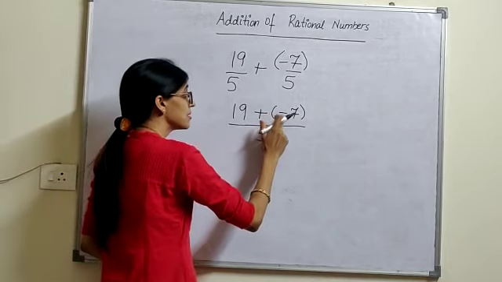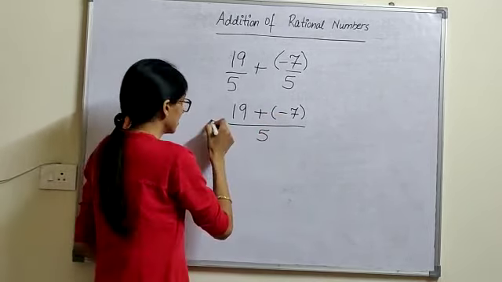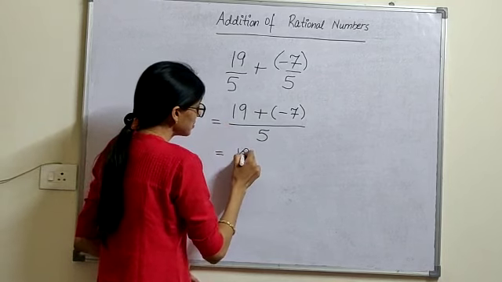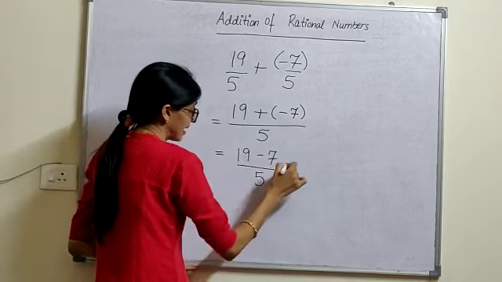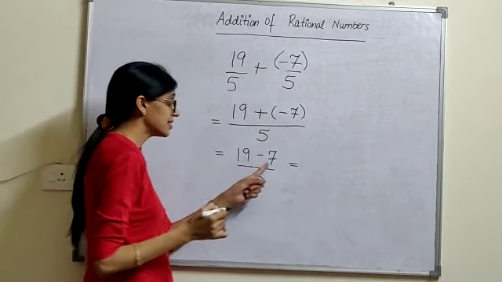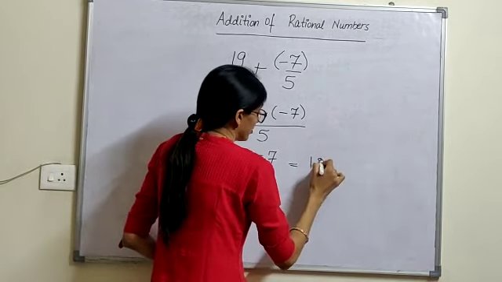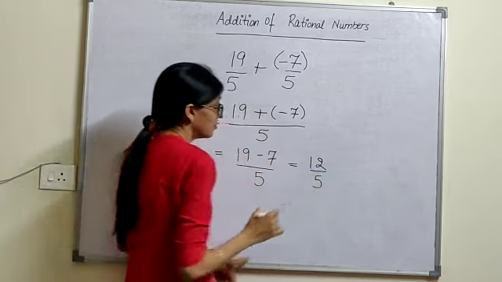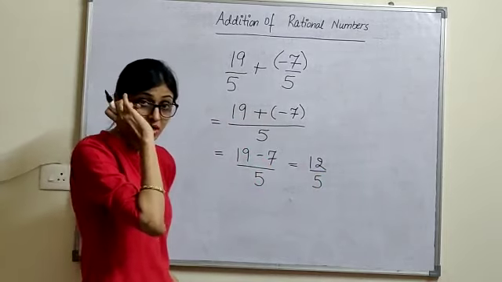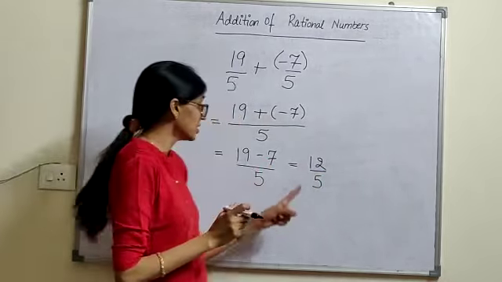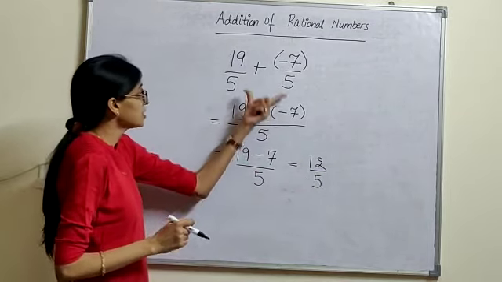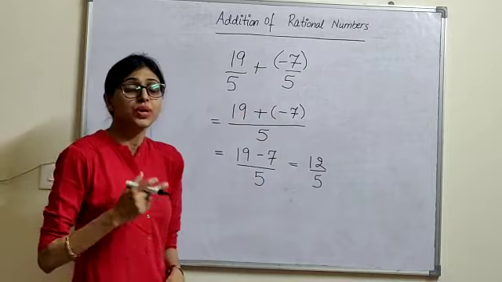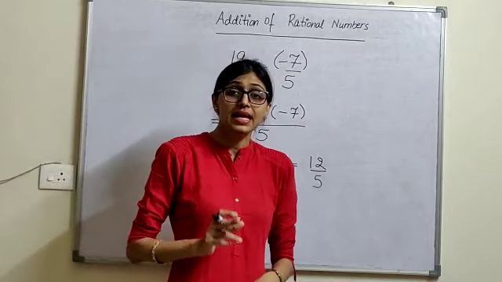Now plus minus minus. So 19 minus 7 divided by 5. 19 minus 7 is 12, so 12 by 5. Both these numbers do not come in any table together, so this will be your final answer. In this way you have to do the questions where the denominator is same.